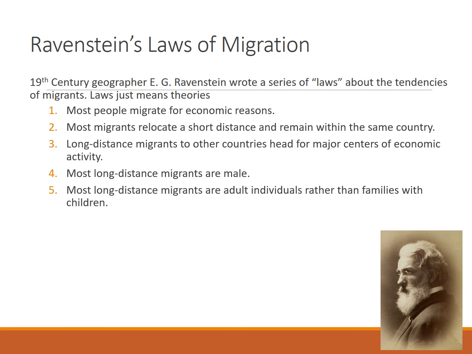This comes down to what is the working age, right? If most people are moving or migrating for economic reasons, that means the people that are migrating are those who can work. So we're not going to be including big families in this because it's really expensive to migrate. It's really difficult. And if you're migrating your whole family, well, you probably need to have a lot of money saved up to do that.